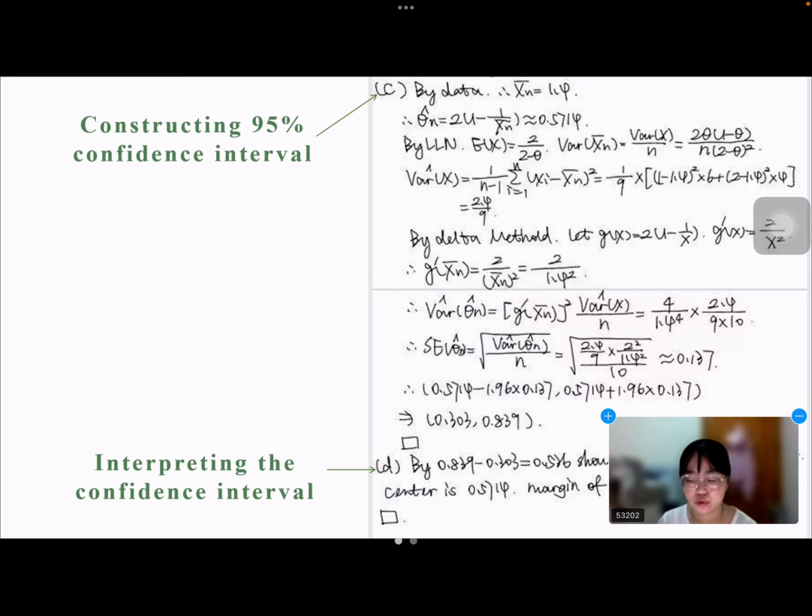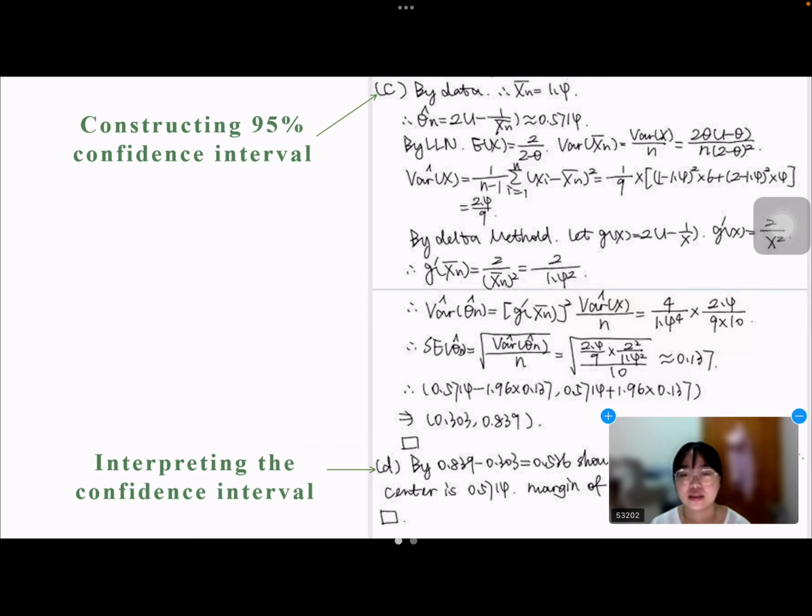After getting this confidence interval, let's go to part D. In this part, we need to interpret the confidence interval. We need to make comments. So in this part, what we can do is to comment from some aspects: the first one, the center, the second one, the margin of error, and the last one, we can see something about the precision of our estimate.